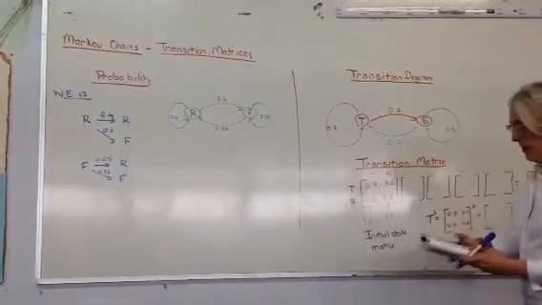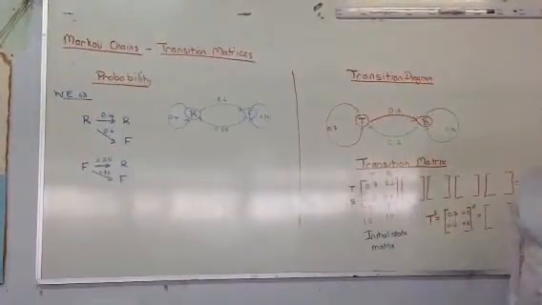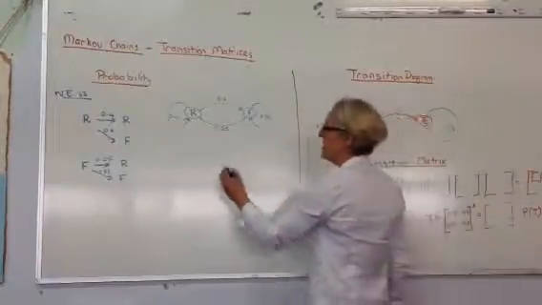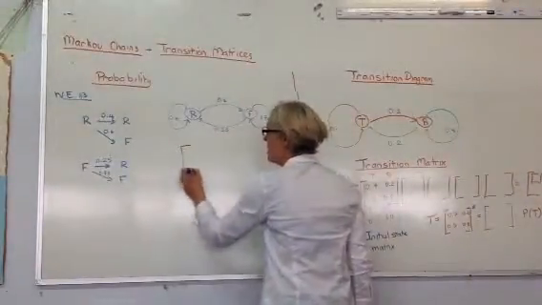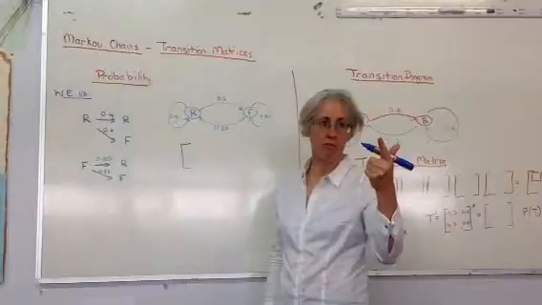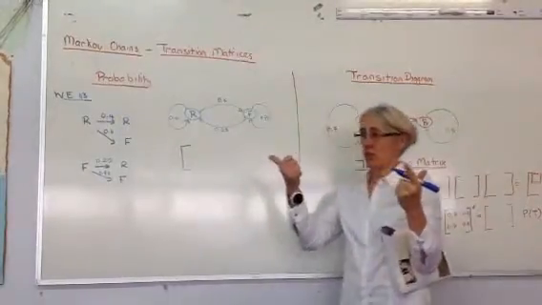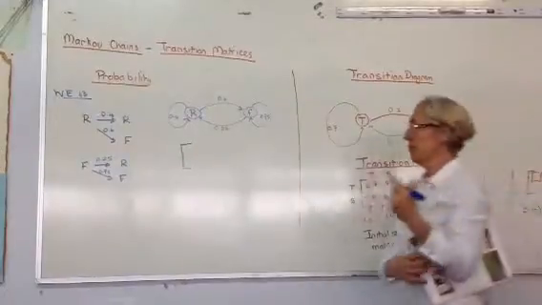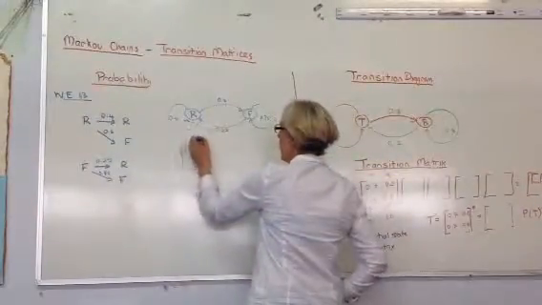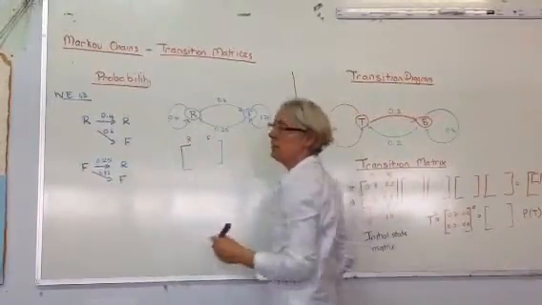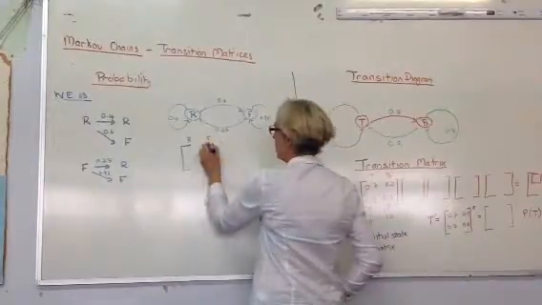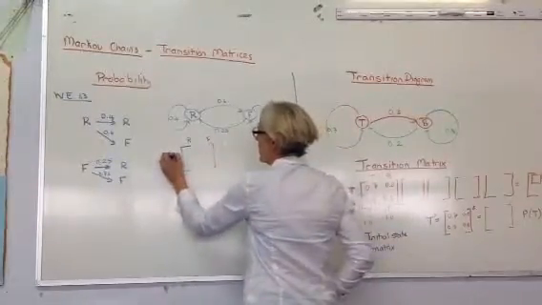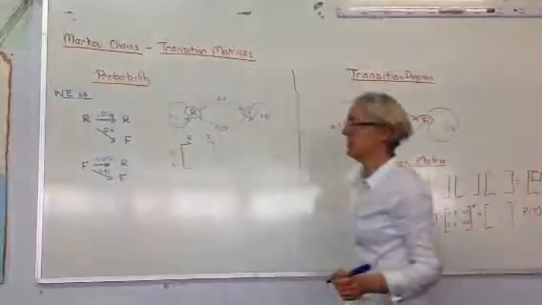We're asked to find the transition matrix. Because we've got rain and being fine, and rain tomorrow and being fine tomorrow, it's going to be a 2 by 2 matrix again. So we've got rain and being fine as our initial state, and it's changing to rain and being fine the next day.